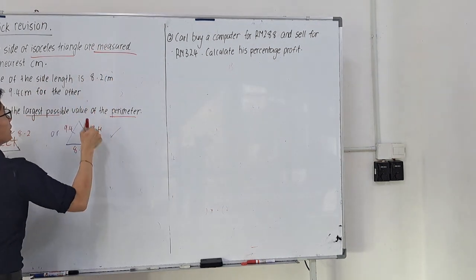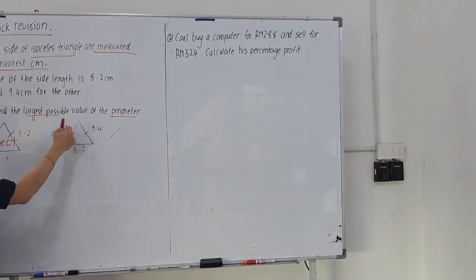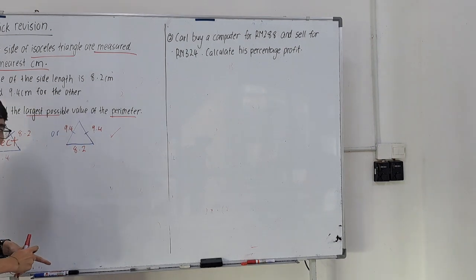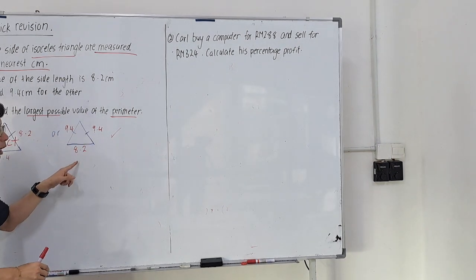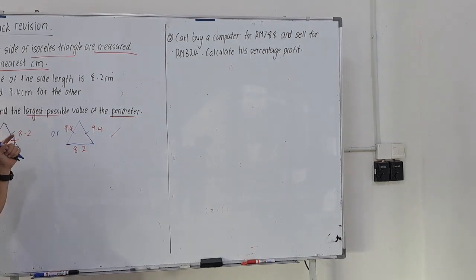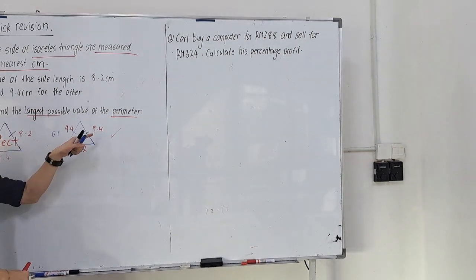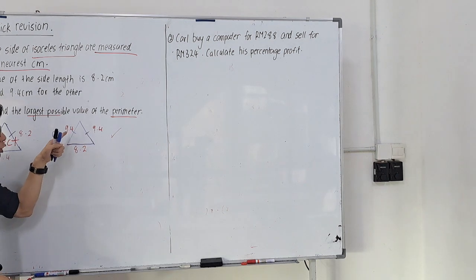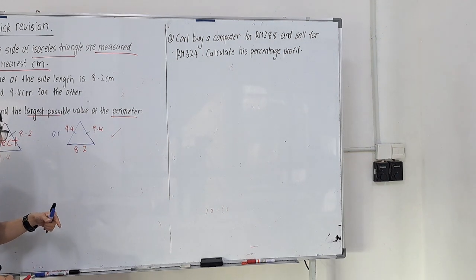But do not forget, these numbers that you see are measured to the nearest centimeter. In other words, all these numbers are rounded off values. Since they want us to find the largest possible value, let's find the upper bound for each of these lengths.